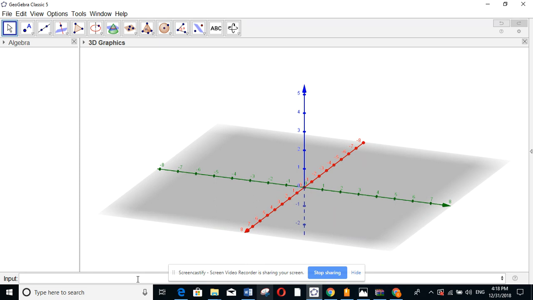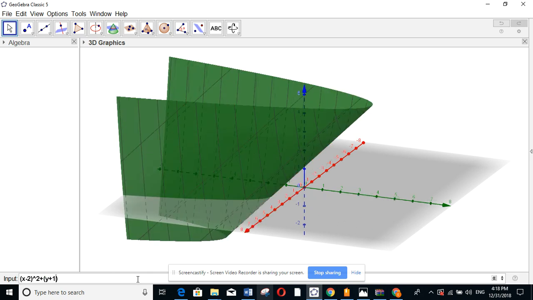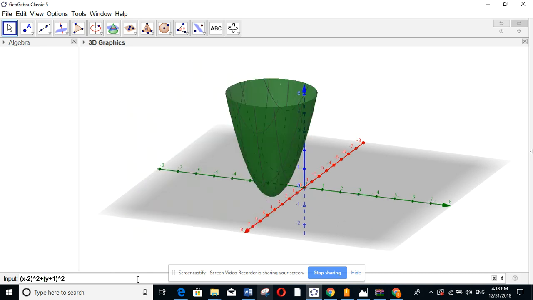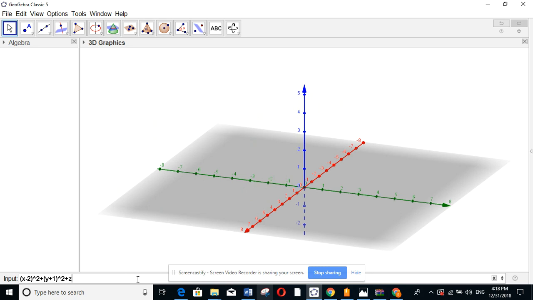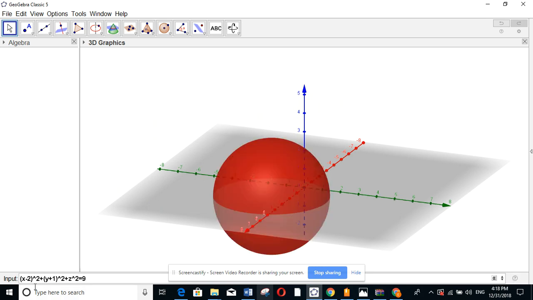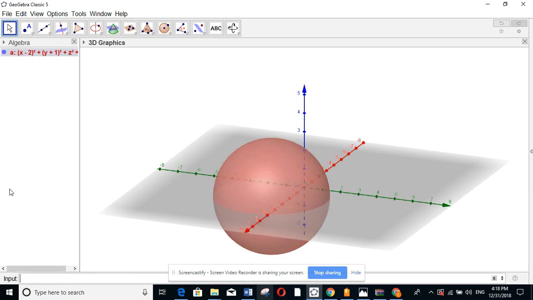For example, you may have (x - 2) squared plus (y + 1) squared plus z squared equal to 9. So this is a sphere whose center is 2, -1, 0, and radius is 3.